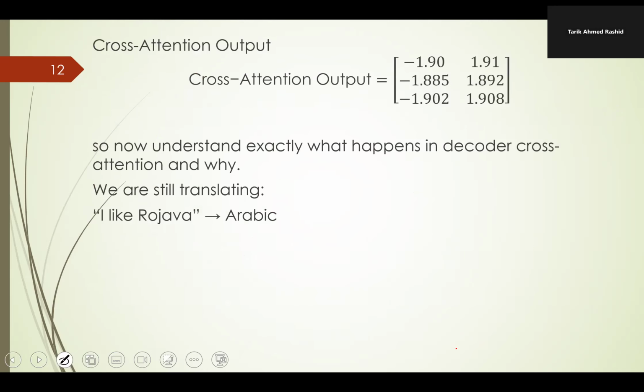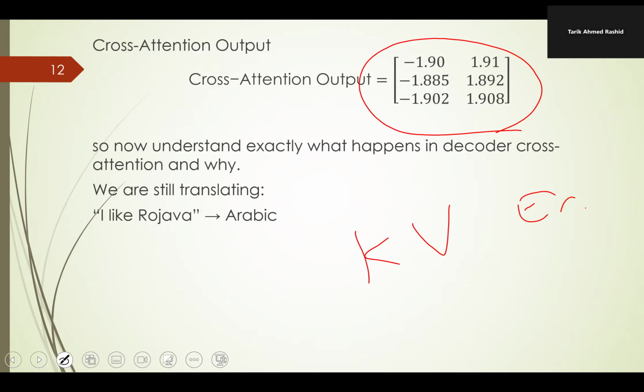Now, this is the cross-attention output. Cross-attention means that we took K and V from the encoder, and we took Q from the decoder, and we get the cross-attention between them. Now we understand exactly what happens in the decoder cross-attention.